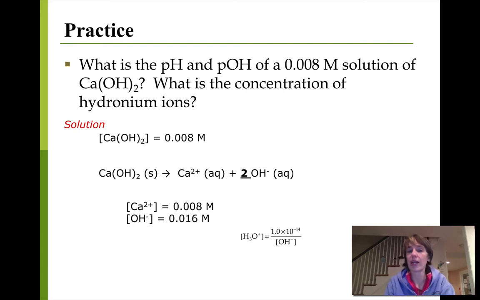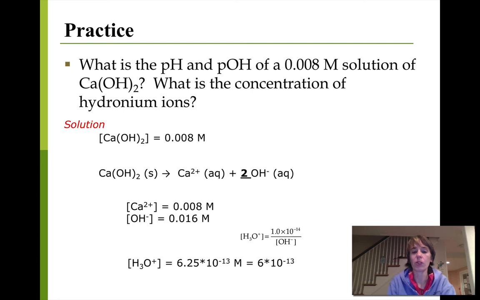Once we have that hydroxide concentration, we can approach this problem a couple ways. The first is that we can use the Kw expression to solve for the concentration of hydronium.